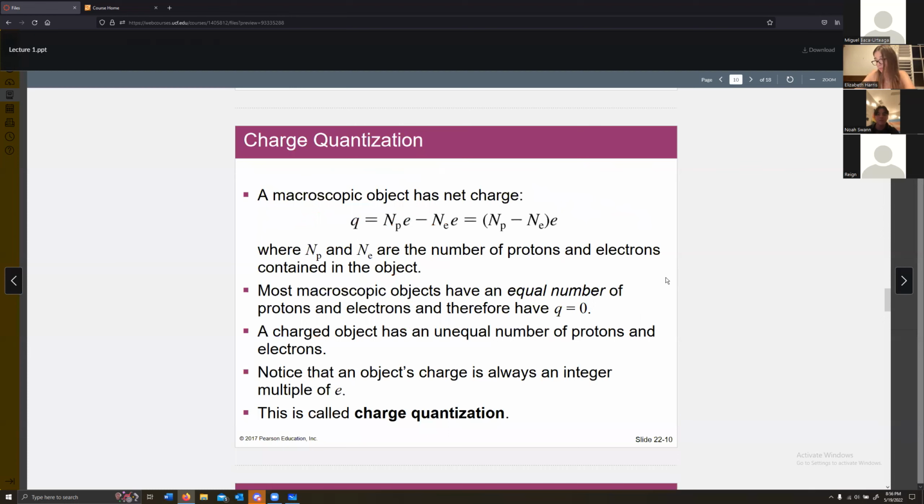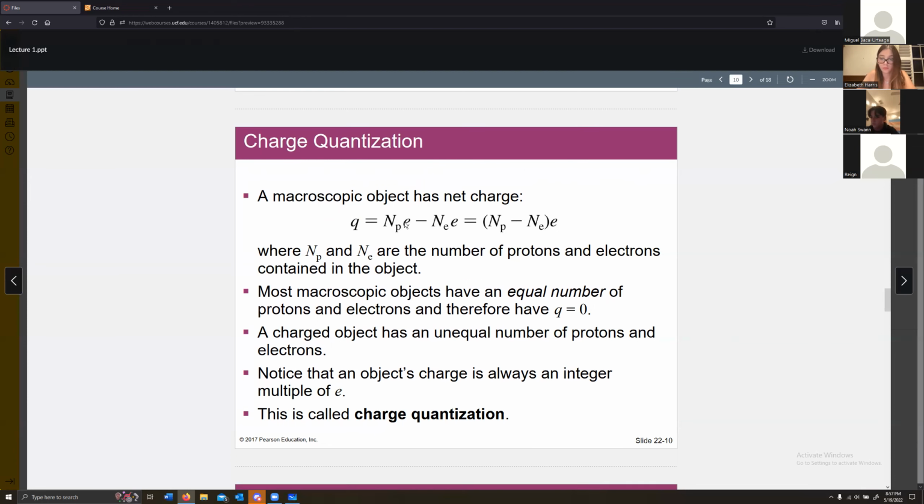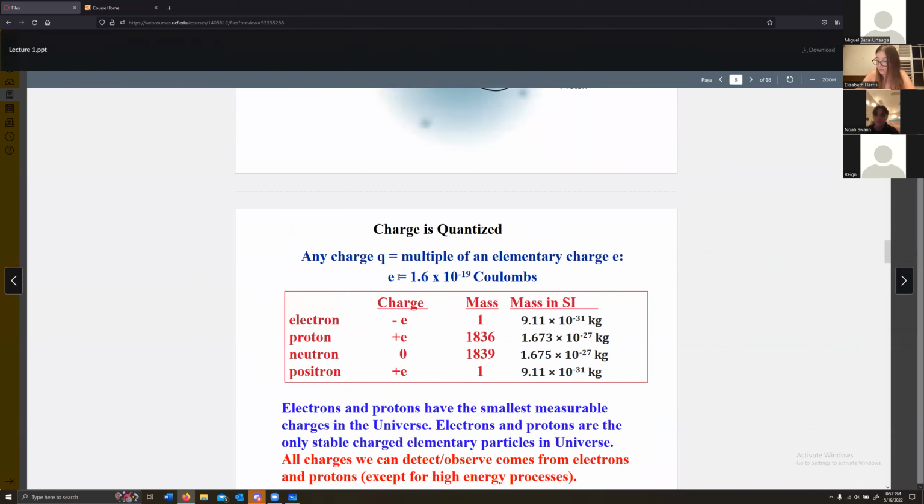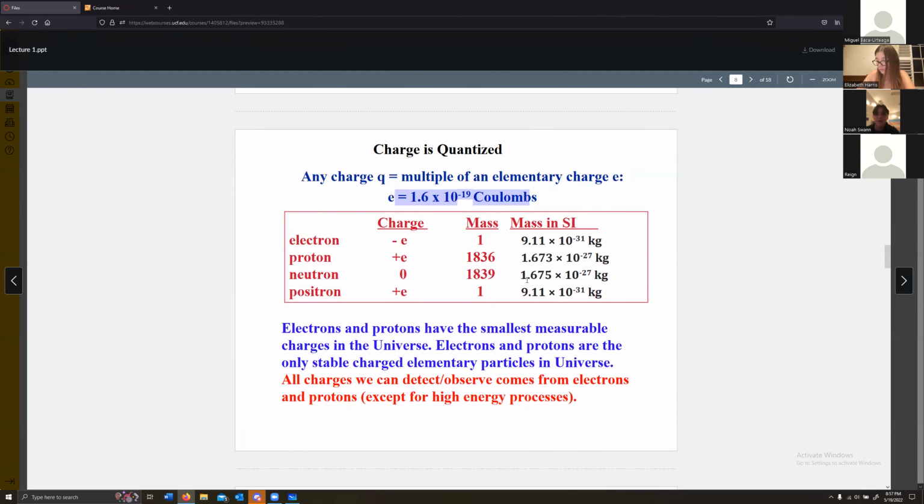Continuation of the charge quantization. You have a macroscopic object that has a net charge. So in this equation, what it's saying is your net charge is equal to the number of protons minus the number of electrons. And the constant here, I don't really know the word, is the charge of an electron.